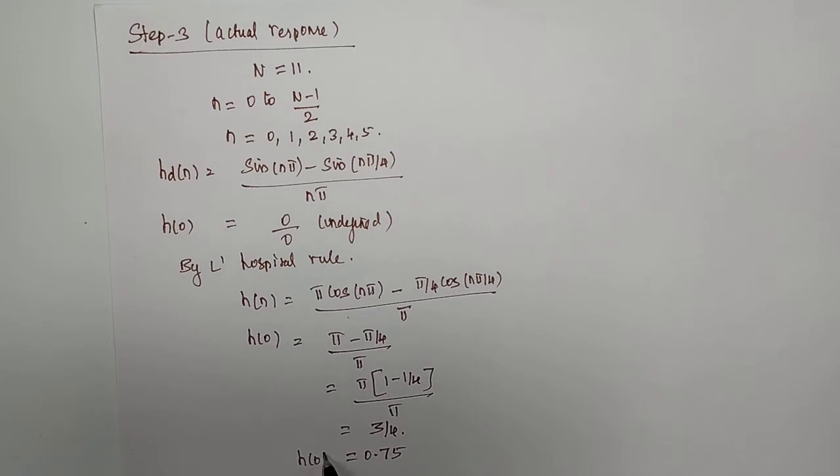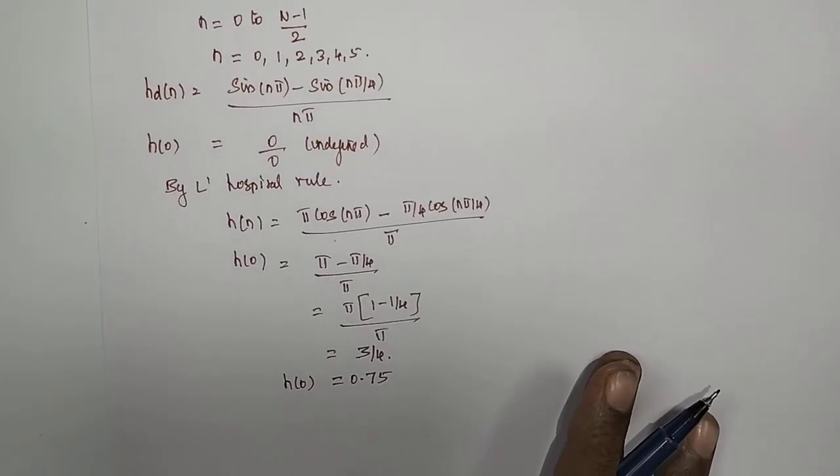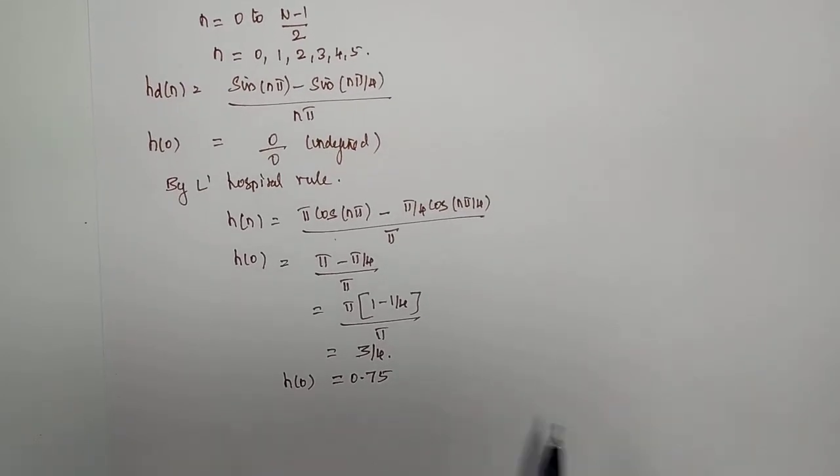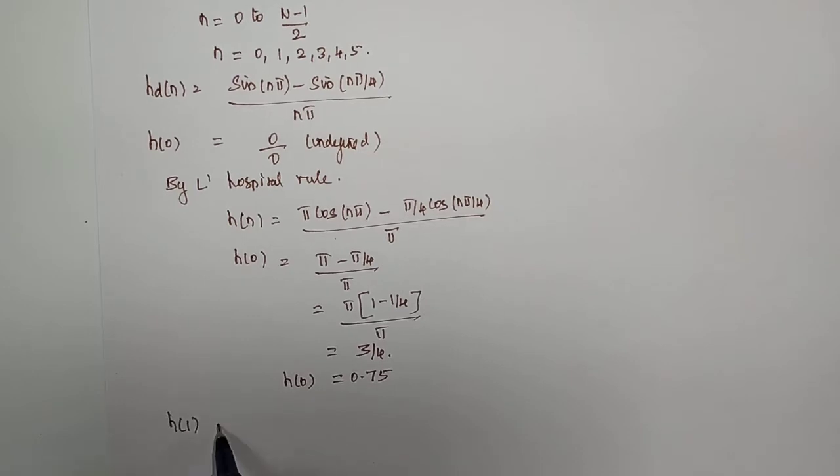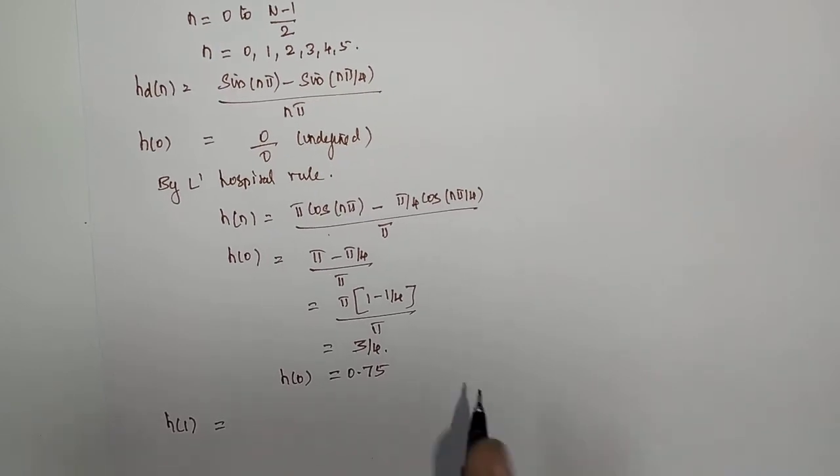So h of 0 is equal to 0.75. So pi into 1 minus 1 by 4, 3 by 4, h of 0 is equal to 0.75. Similarly, you have to find the value for h of 1. So h of 1 is equal to, you know that sin n pi is equal to 0. That is, substitute the value 1, sin pi minus, sin n pi value is equal to 0.